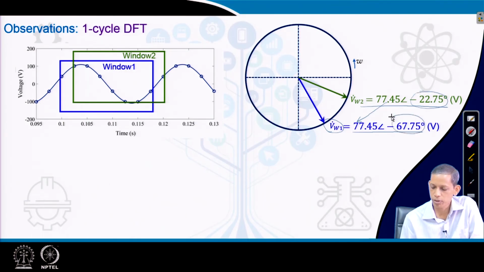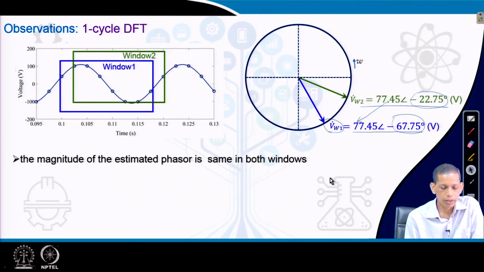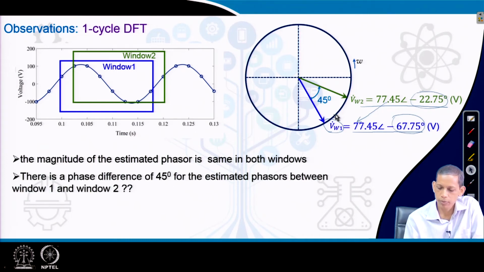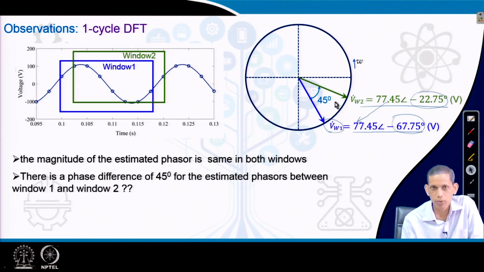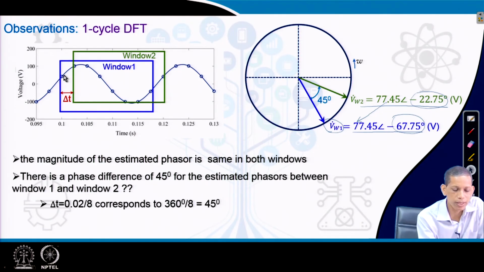Now, what is the difference we will notice here? The magnitude of both the phasors is the same, but the angle difference here becomes 45 degrees. What is that 45 degrees between window 1 and window 2? Here the window 2 shifts by a time of delta t. What does delta t talk about?